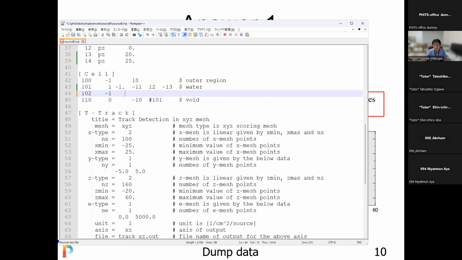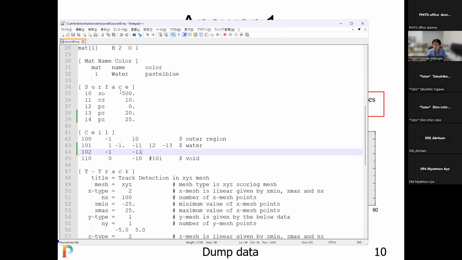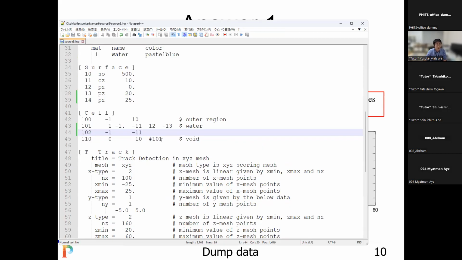So to make a cylinder, maybe -11, and outside the surface of 13 and inside the surface 14. So I think this description is sufficient in this case.